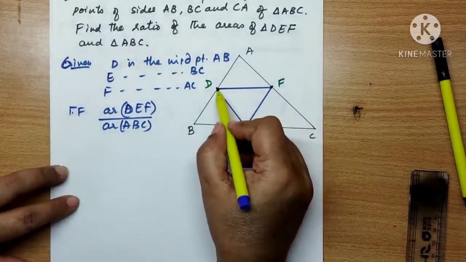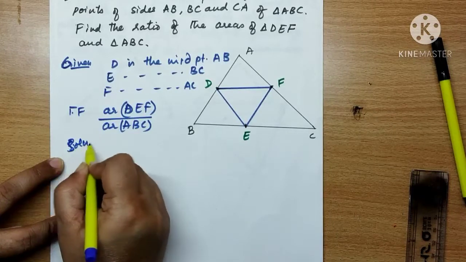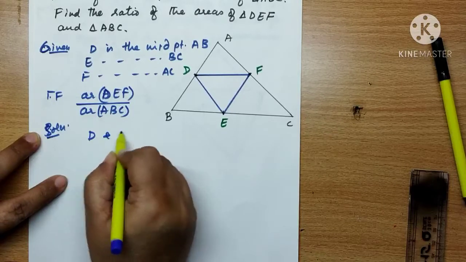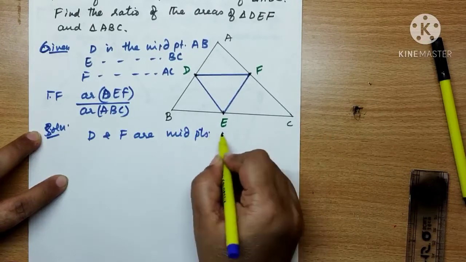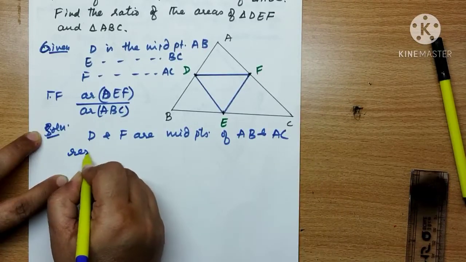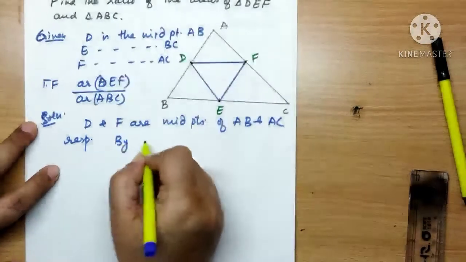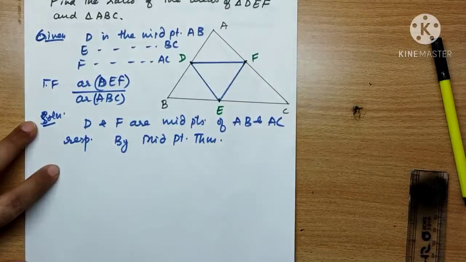Now we have these midpoints. Proof, or the solution. See, D and F are midpoints of AB and AC respectively. So if I apply the midpoint theorem, what do we get? Remember what the midpoint theorem is? The line joining the midpoints of two sides is parallel to the third side and half of the third side.